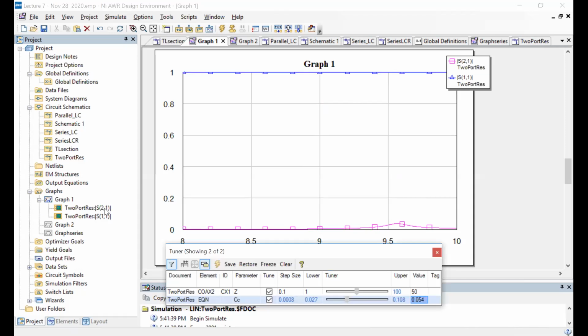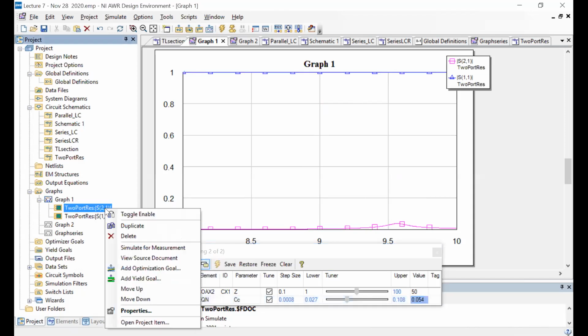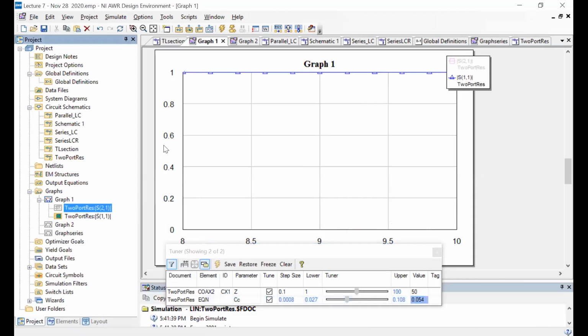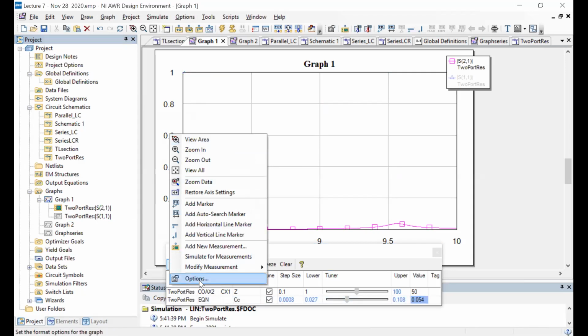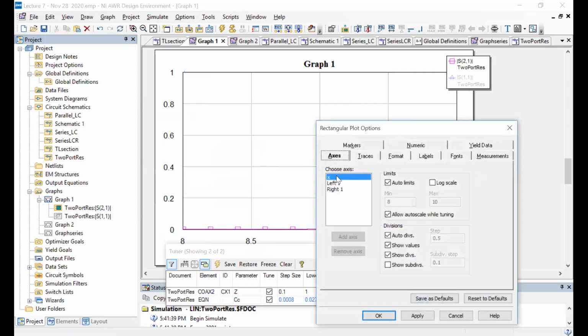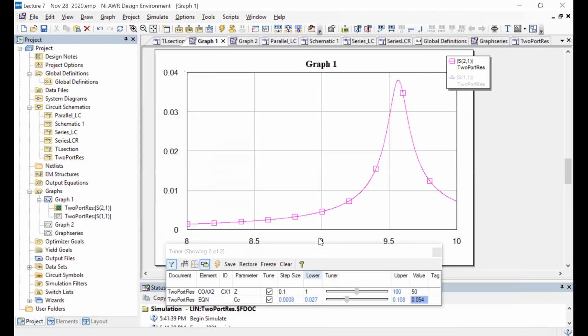Now let me get rid of the reflection one and auto scale the axis. So you still have a resonance here, which has the same kind of shape, but it doesn't reach unit transmission.